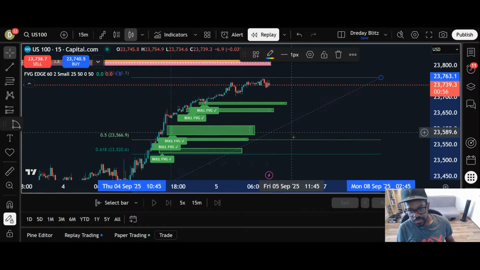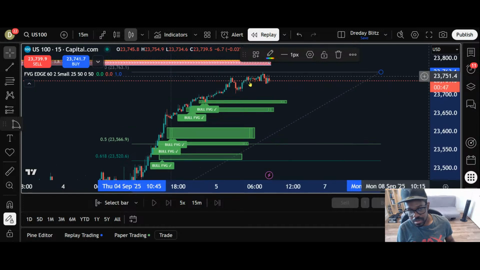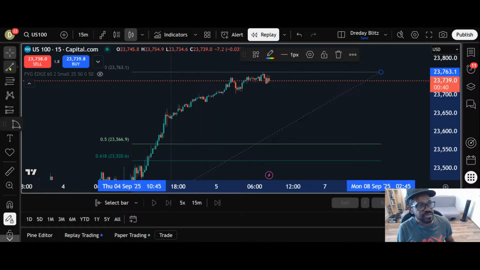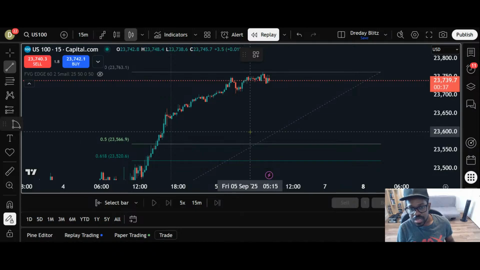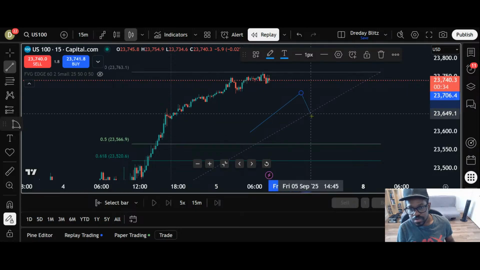And like I said, 50% of that move is right here. So it's way down there. All right. So once again, what we're expecting is, if we want to go higher, we have to see this move here, a retracement.